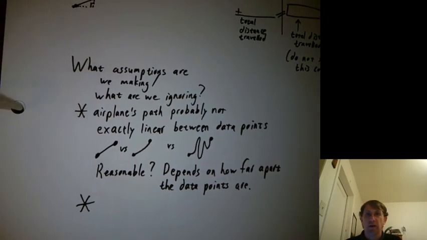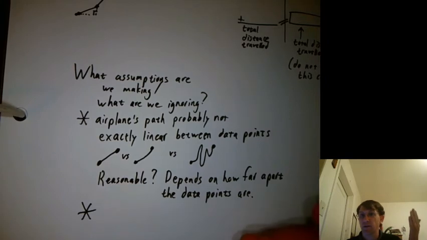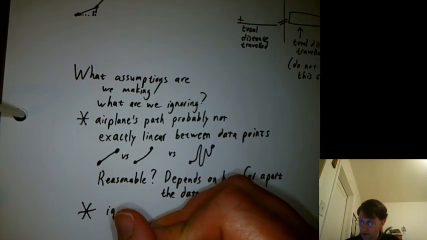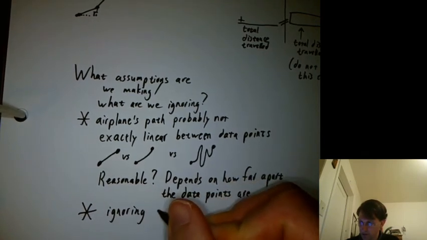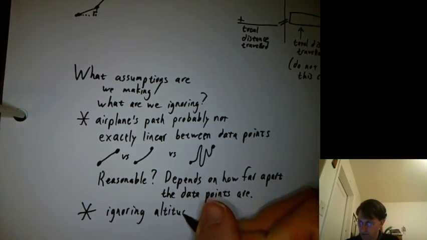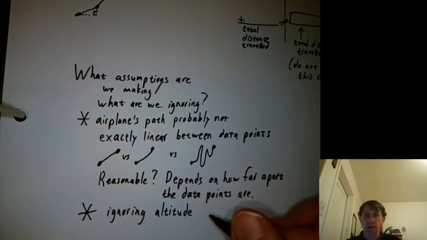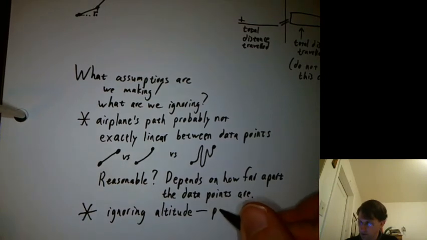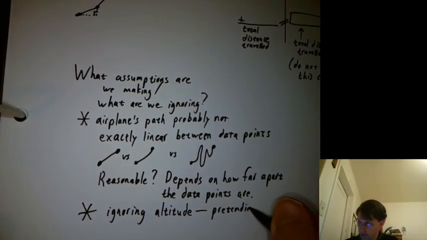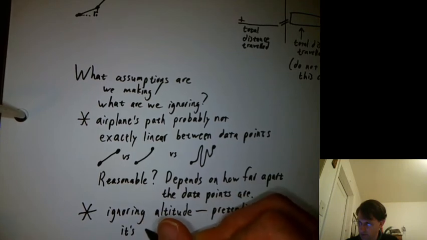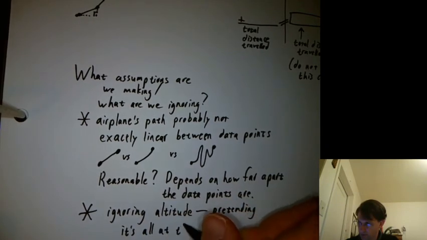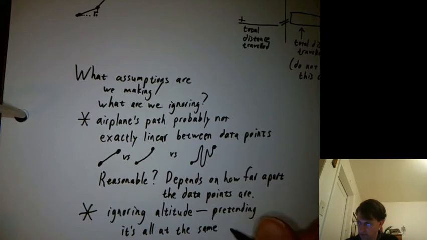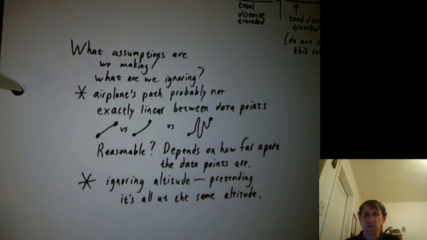Another one, someone pointed out that we only had x and y data, and this is an airplane. From what I've heard, they go up and down too. So we're ignoring altitude. We're pretending it's just a flat flight all at the same altitude, you could say. Is that a reasonable assumption?